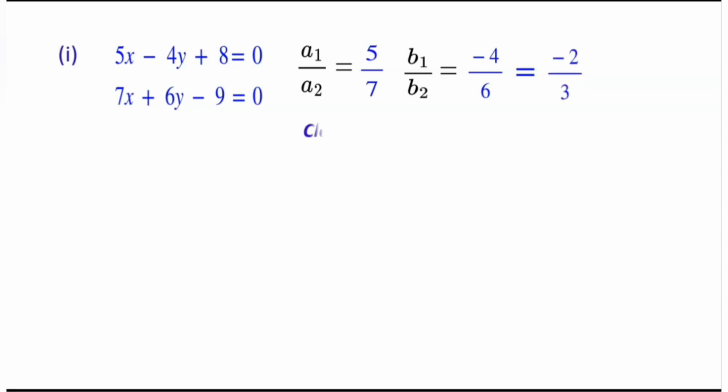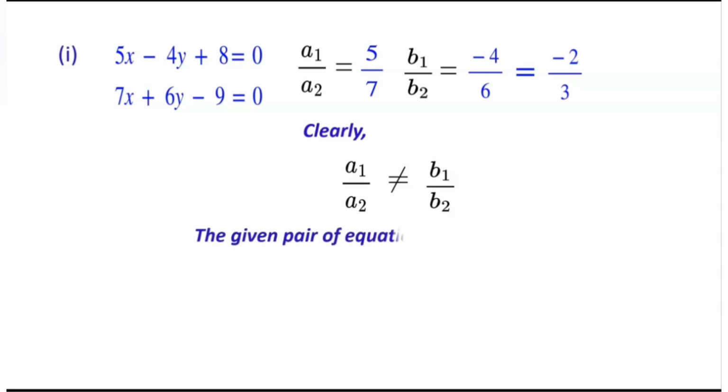Now you clearly observe that a1 by a2 and b1 by b2 are not equal, because one is 5 by 7 and the other is minus 2 by 3. So no need to find c1 by c2. If a1 by a2 and b1 by b2 are not equal, we can say the lines are consistent, the equations are intersecting and they have one point in common. That means one solution. So this is about the first question.